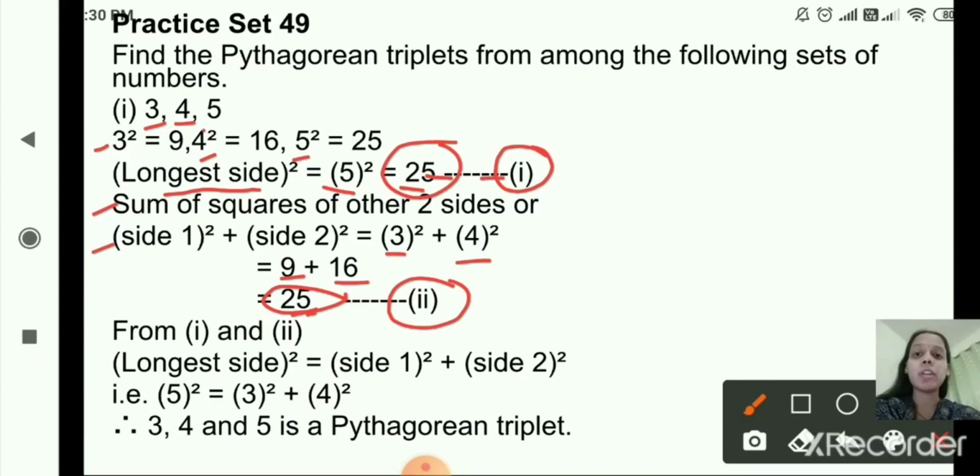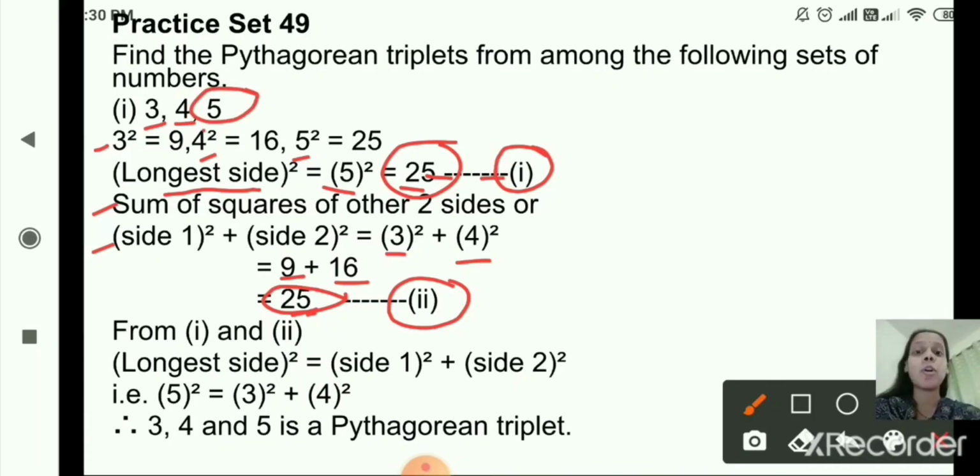Why is this a Pythagorean triplet? Because what is the Pythagoras theorem? Hypotenuse square is equal to the sum of the squares of the other two sides. So from the set of numbers, which is the hypotenuse? The longest side is the hypotenuse. So first we find the square of the longest side, that is 5 square. It should be equal to the sum of the squares of the other two sides, that is 3 square plus 4 square.